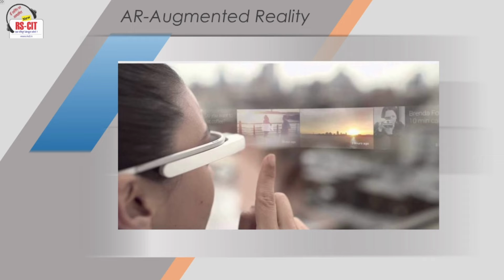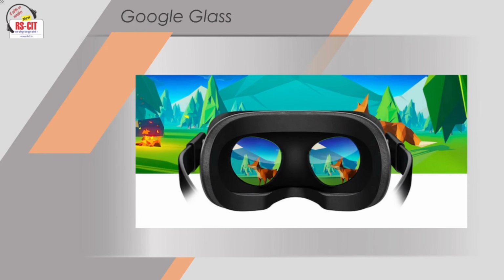As a result, the technology functions by enhancing one's current perception of reality. Augmentation is conventionally in real time and in semantic context with environmental elements, such as sports scores on TV during a match. With the help of advanced AR technology, artificial information about the environment and its objects can be overlaid on the real world.